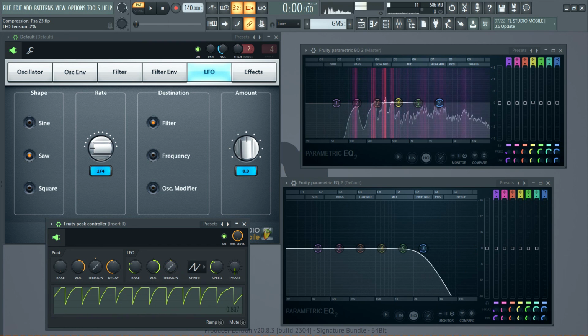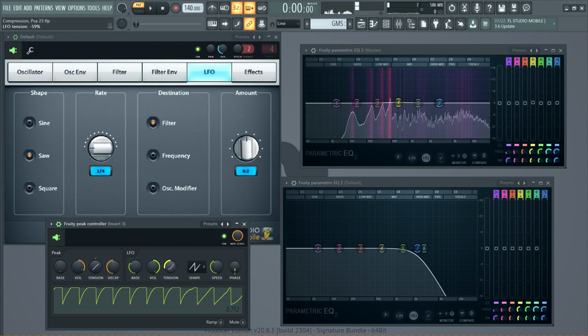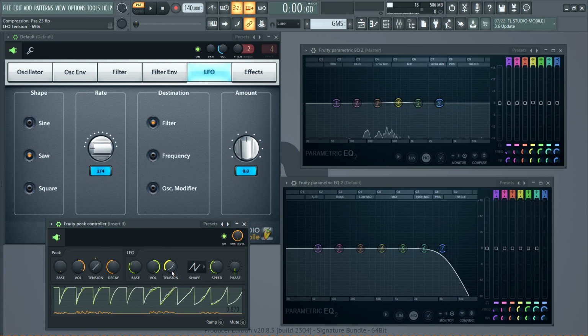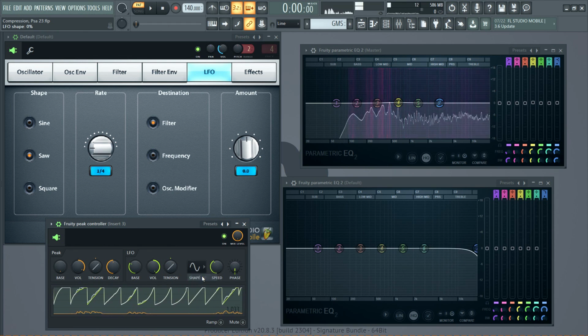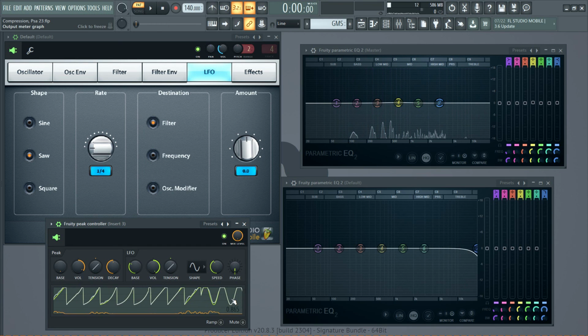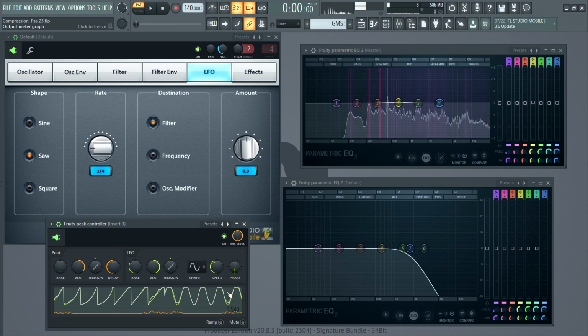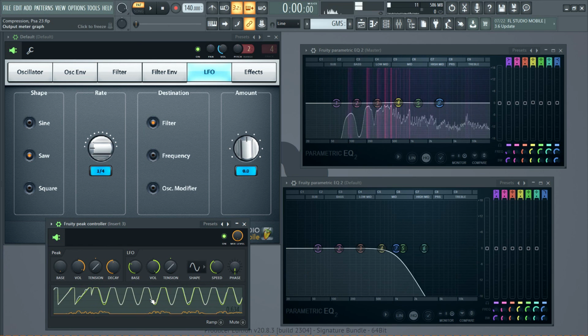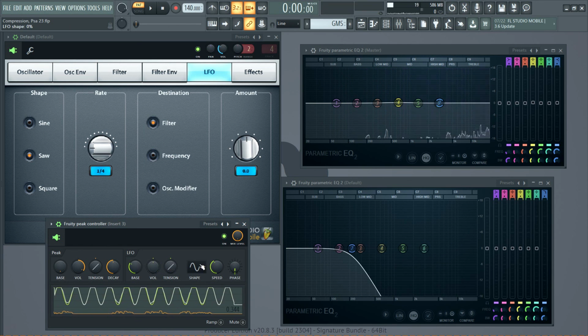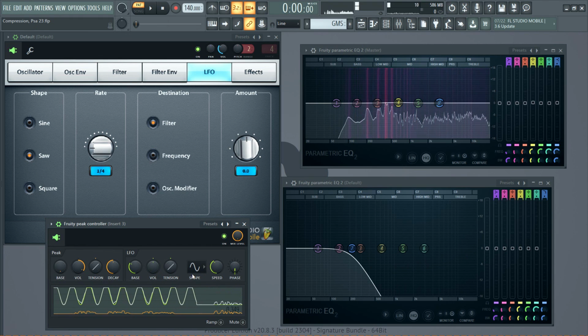So it's going to show you visually what it's actually doing. And it's the same if I switch it to a sine wave. It shows you the sine wave and it visually matches the way that it is moving over here. So not too complicated so far.